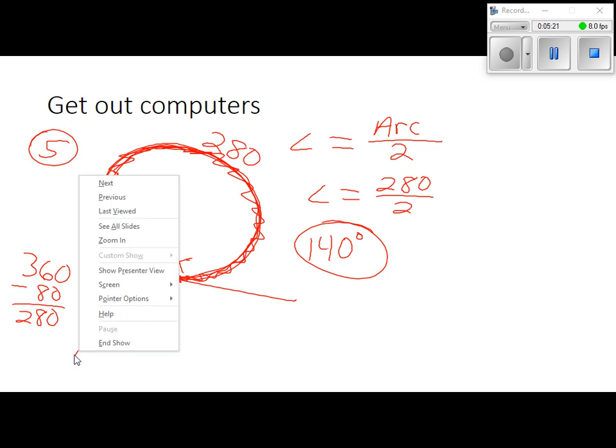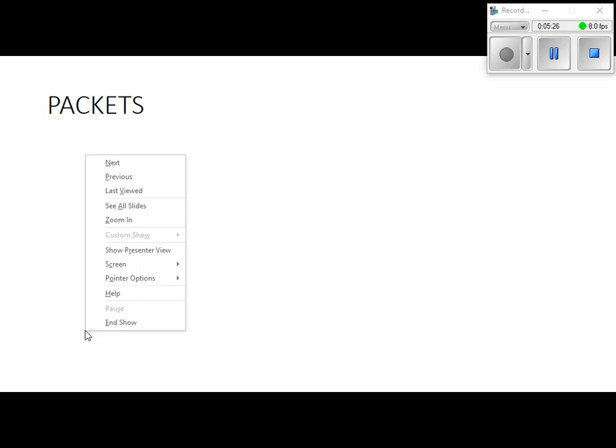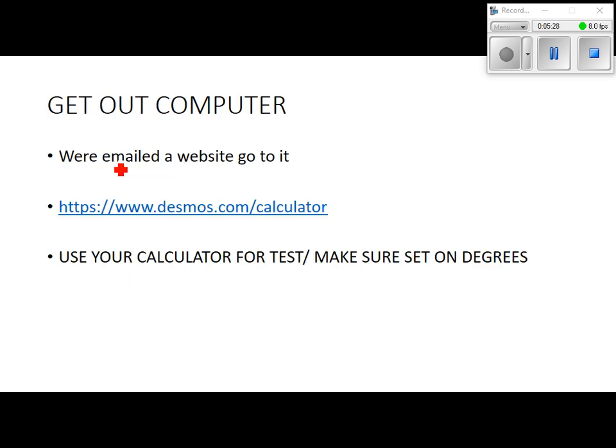All right, on your computers then. You should have gotten an email from me that said something about calculators. Number one, first thing, take your calculator to the test with you. Make sure it's a calculator that types across the screen.